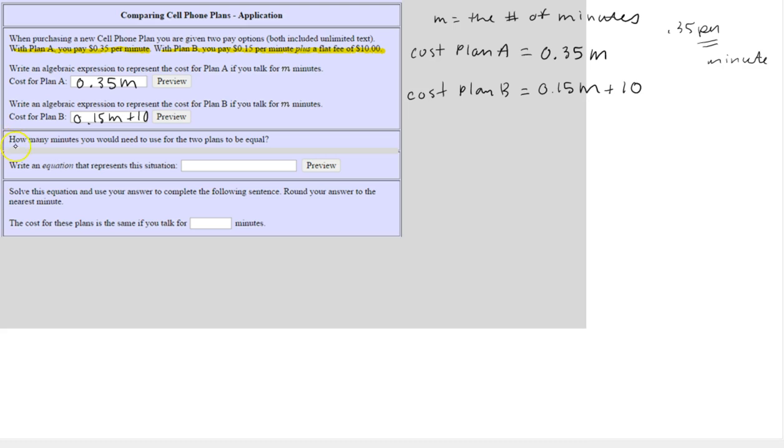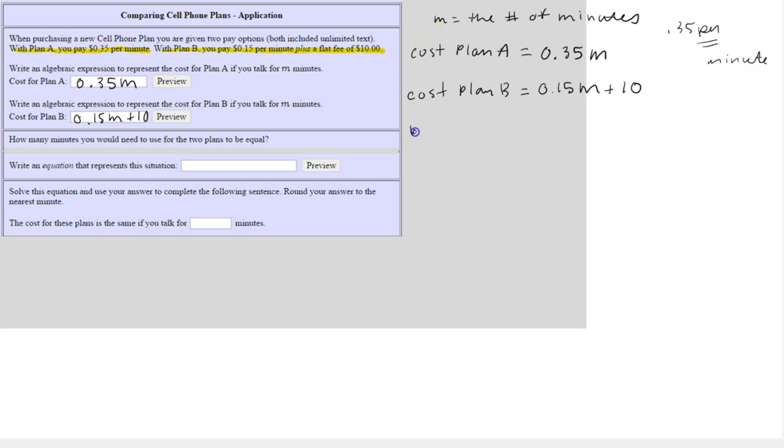The next question says, how many minutes would you need to use the two plans to be equal? Write an equation that represents the situation. So we want to see for what number of minutes these two would be equal.